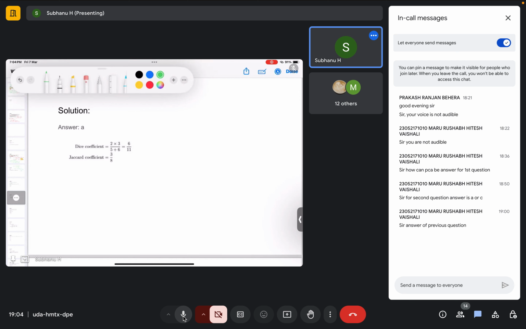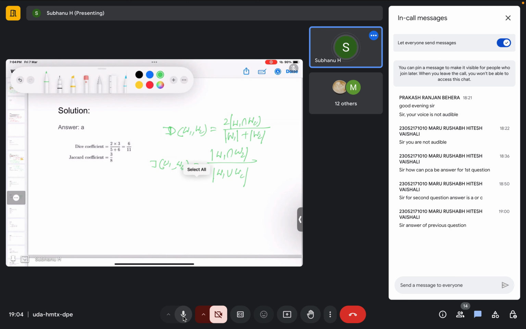The formula for Jaccard similarity is J(W1, W2) equals W1 intersection W2 by W1 union W2. And for Dice similarity, D(W1, W2) equals 2 into W1 intersection W2 by mod of W1 plus mod of W2. So how will we identify similarities?